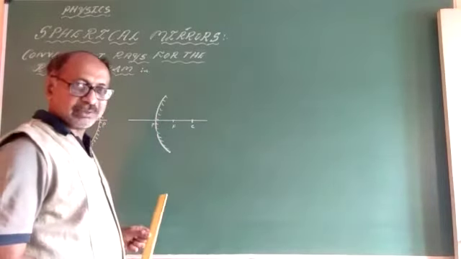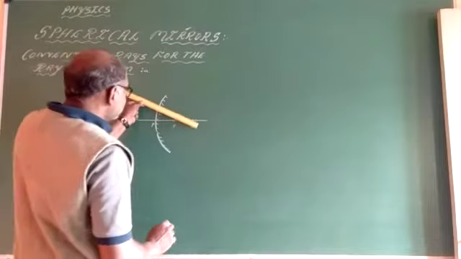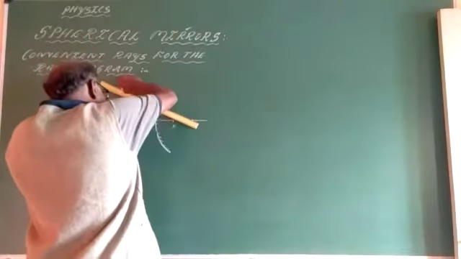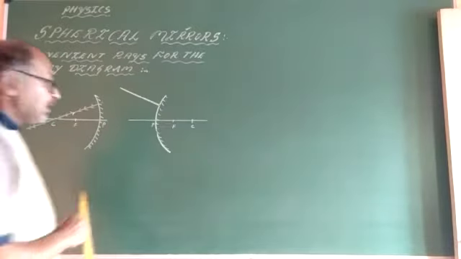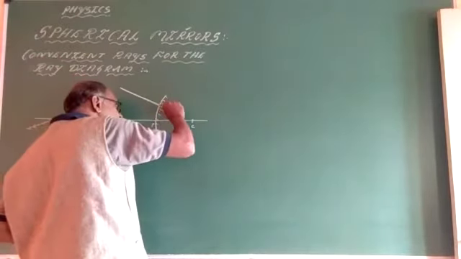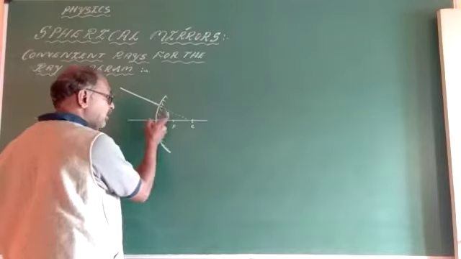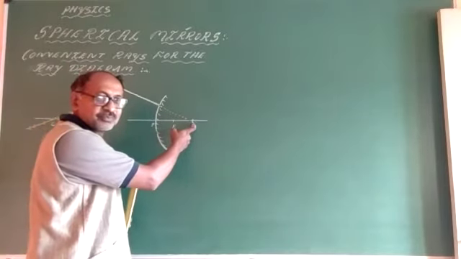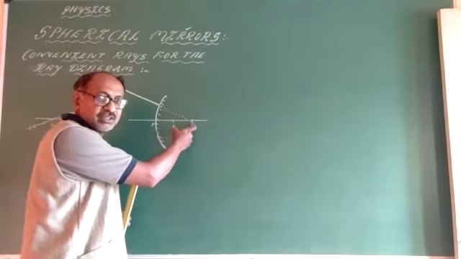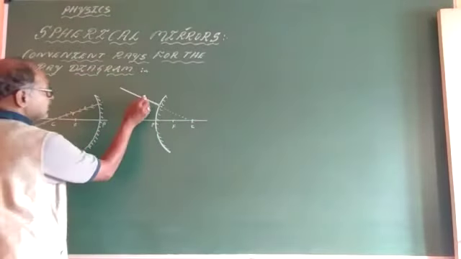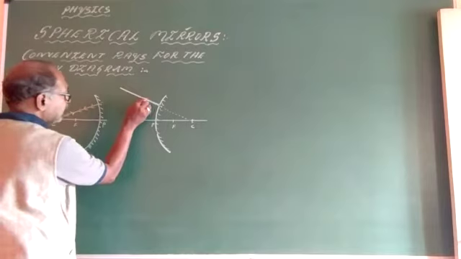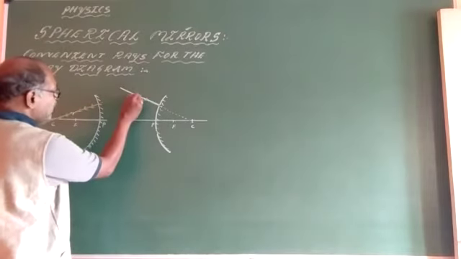Then a ray of light falls from this side. Imaginarily, it passes through the center of curvature. So it is reflected back in the same path.